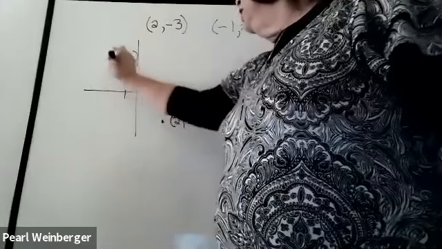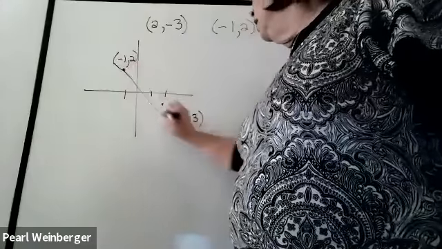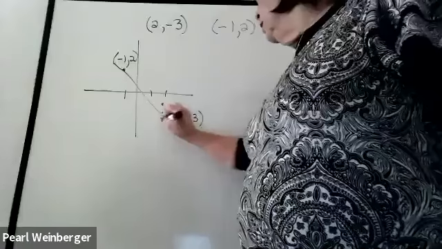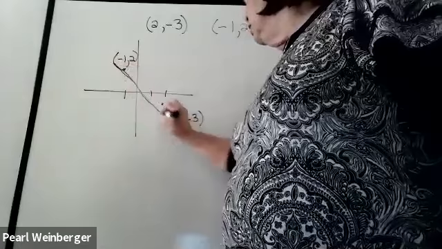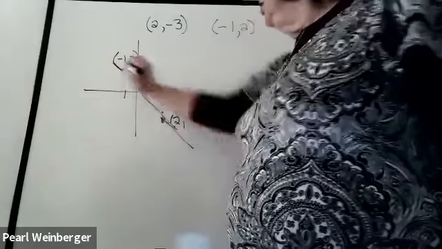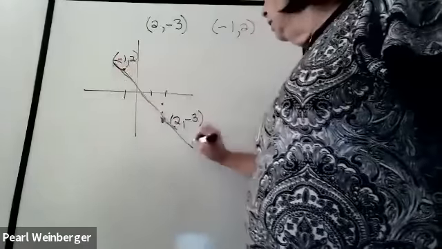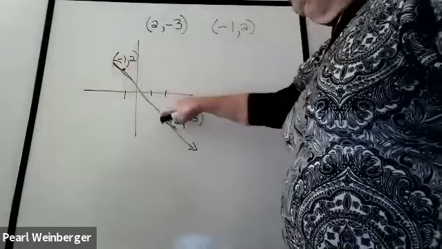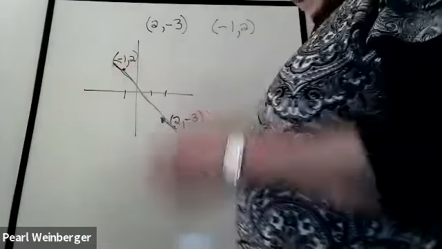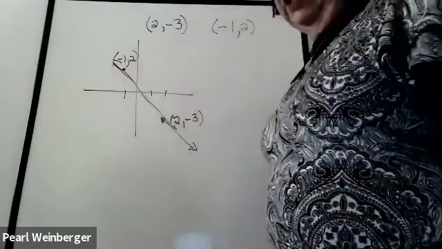And if I join these 2 points, here's my line. Here's the line I'm talking about. Notice I go further than either point because the line extends in either direction.